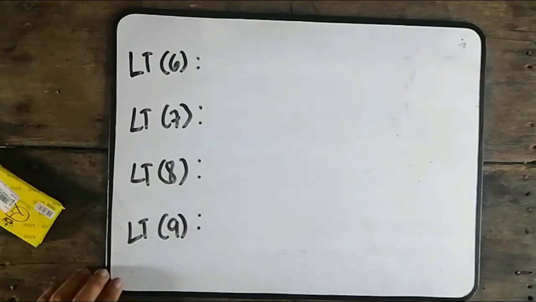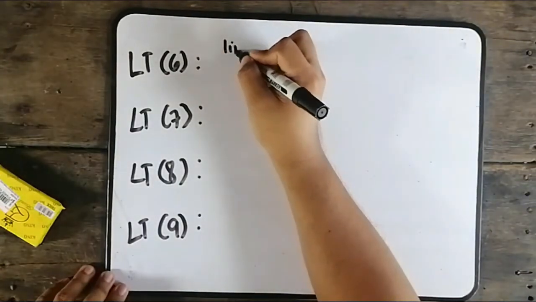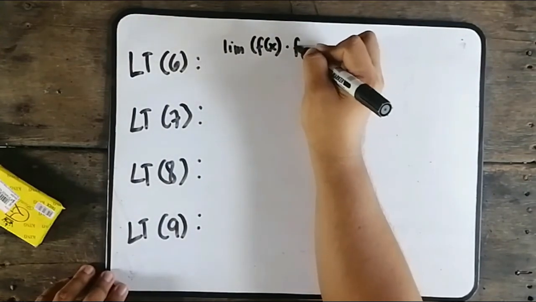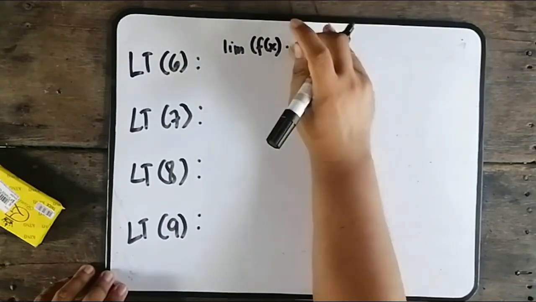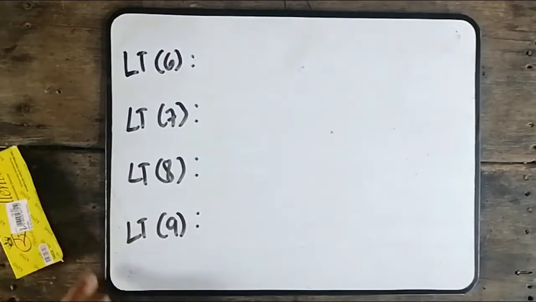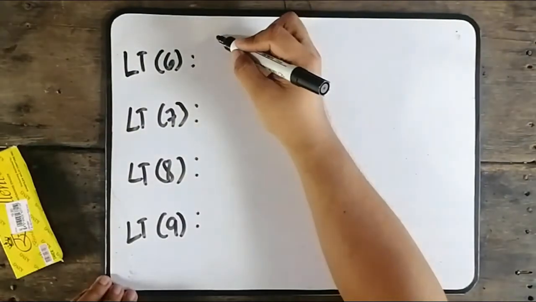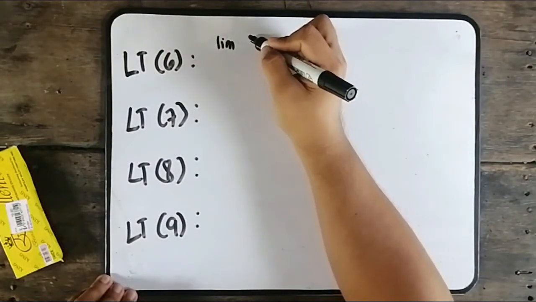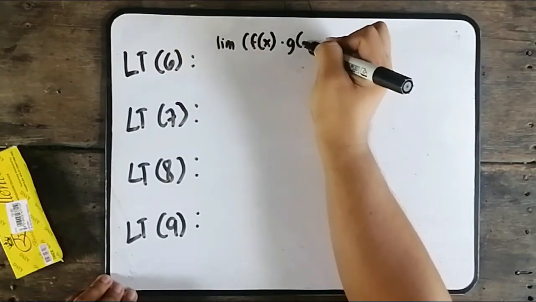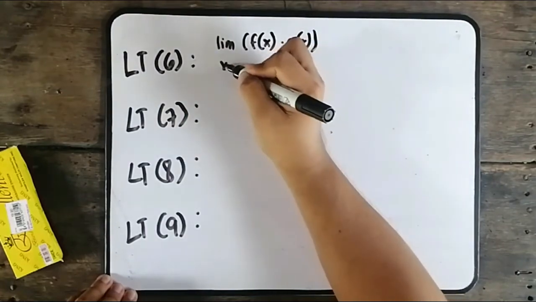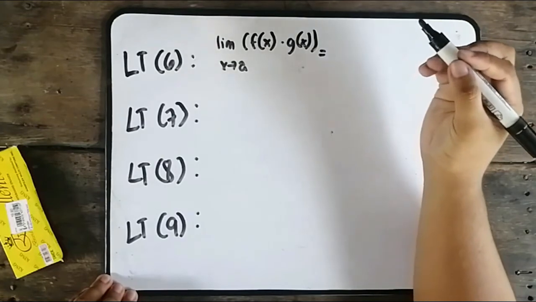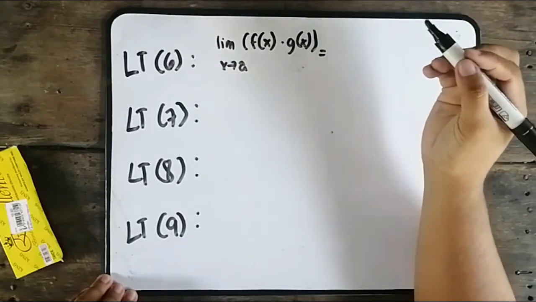Limit theorem 6 states that the limit of the product of 2 or more functions, so kahit ilang function pa yan, as x approaches a is actually equal to yung individual na limit nila na pinag-multiply natin.